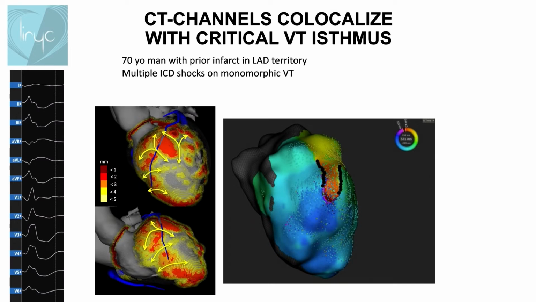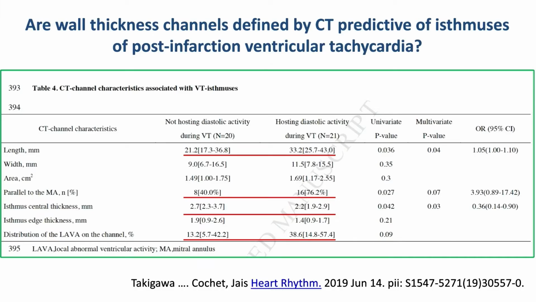So you can also deal with very complex scars, and this is the case here, very heterogeneous, multiple CT channels. Again, we've got that VT isthmus that matched with this CT channel here, but we would provide a treatment that takes care of all CT channels, and thereby probably have a chance to get a better outcome.